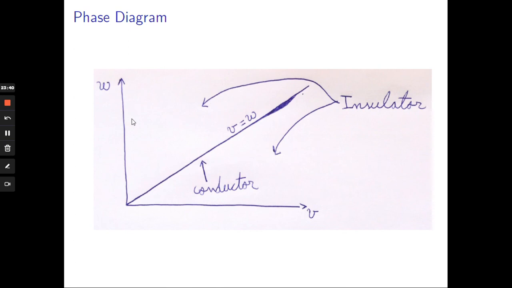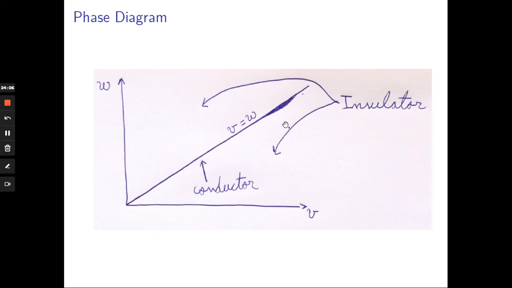In this region we can deform the values of these two hopping amplitudes and never have a conductor, so all of the points we go through are insulators.